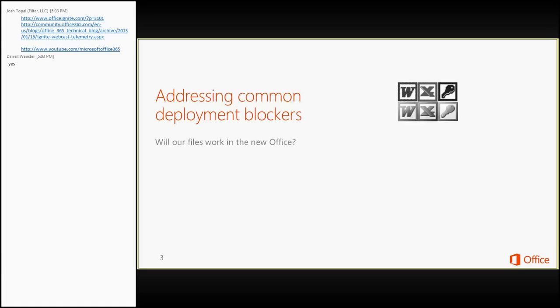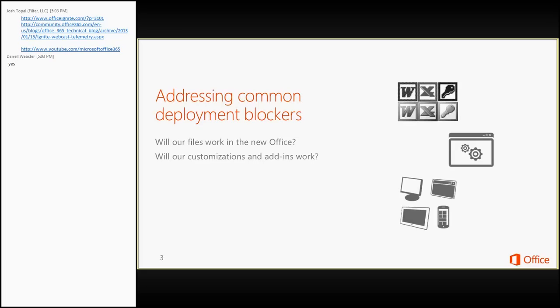They think about questions like, will our files work in the new Office? If I open a Word document in Office 2010, will it continue to work in 2013, or will my employees have problems? Another one is not only files, but also add-ins and customizations, solutions that may have been built in-house by our organization. Will those continue to work as expected, or will there be discrepancies that could slow down productivity?